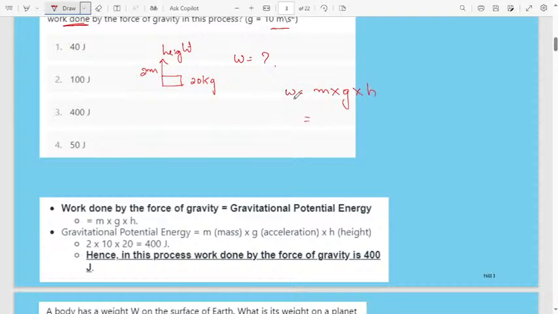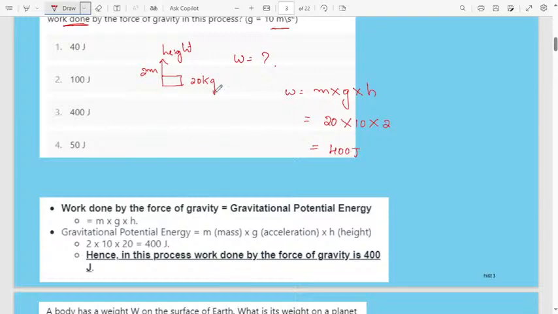Remember the formula: work done by the force of gravity is equal to gravitational potential energy, which is mass into g, acceleration due to gravity, into h, height. Mass is given here as 20 kg, g is 10 meter per second square, and height is 2 meter. Multiply, you will get 400 joule.